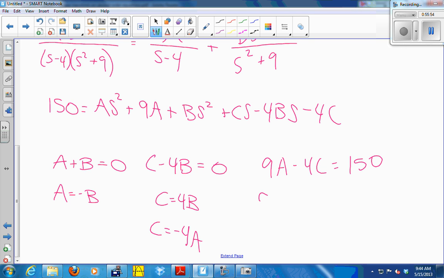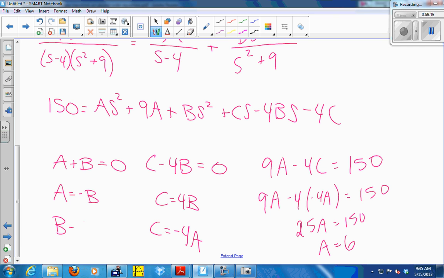So then over here, I'm going to have 9a minus 4 times negative 4a equals 150. 9a plus 16a is 25a. A is 6, which means that b is negative 6.